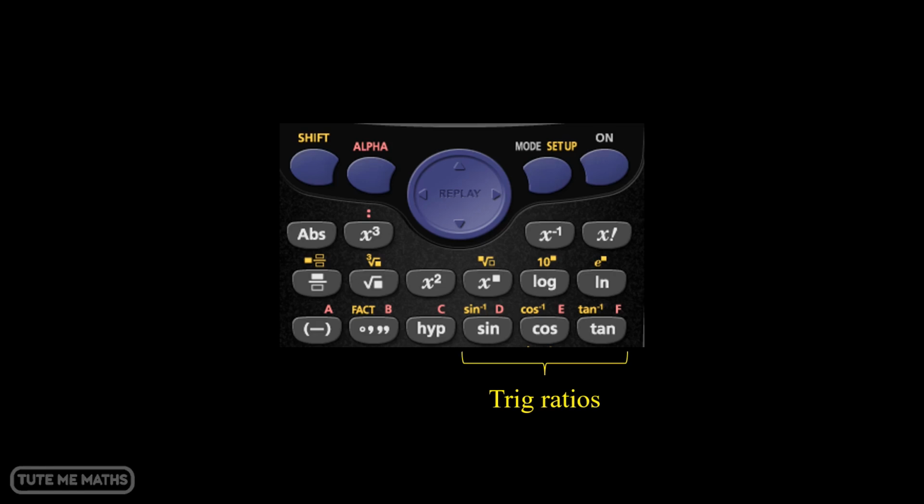So it's a good habit to get into whenever you want to use the trig ratio buttons that you check the screen here and make sure that it has a D or DEG or something similar to say that it is set to degrees. You might need to refer to the instruction manual if it's not clear. If it's not set correctly, you would likely see an R or a G or something similar. On most calculators, it's easy enough to change.